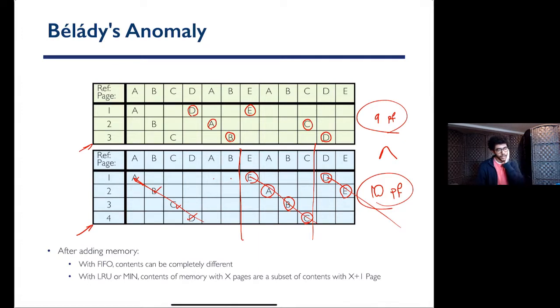Now, that's not the case if you actually implement LRU or optimal: increasing the number of pages would decrease your page faults. But for FIFO, that's not the case. So if your replacement policy is FIFO, there are cases where you increase the capacity of your memory, and that increases your page faults. That's why it's an anomaly.